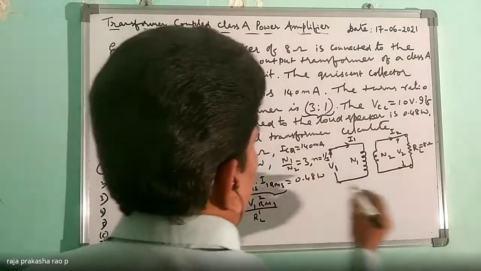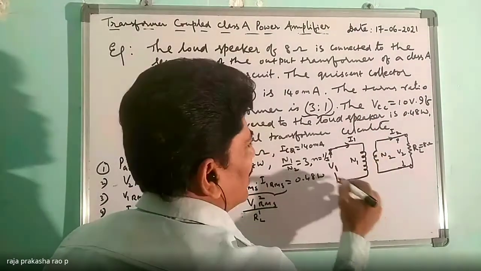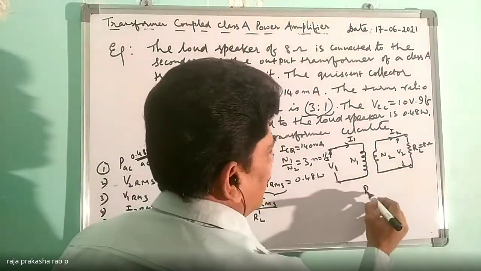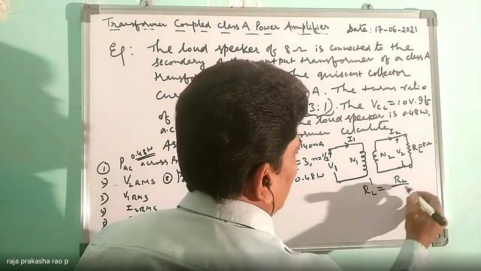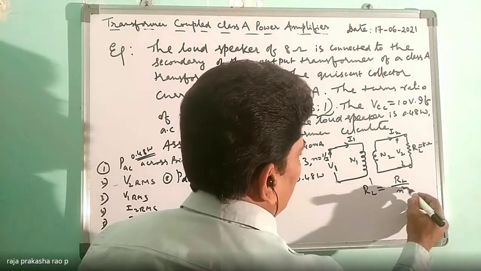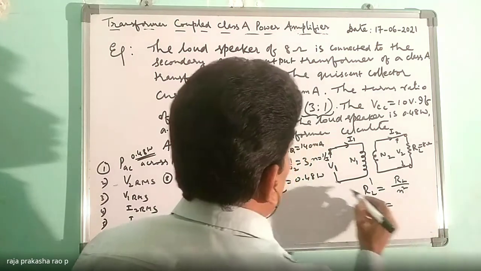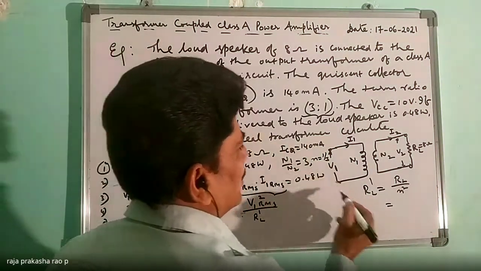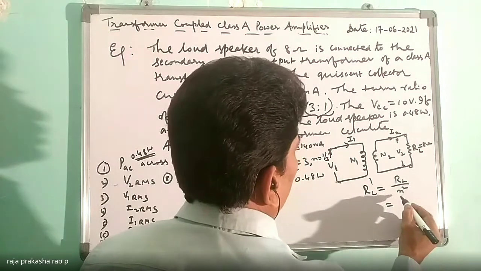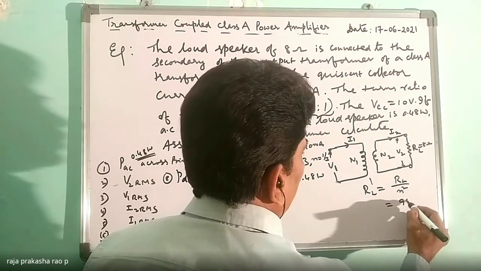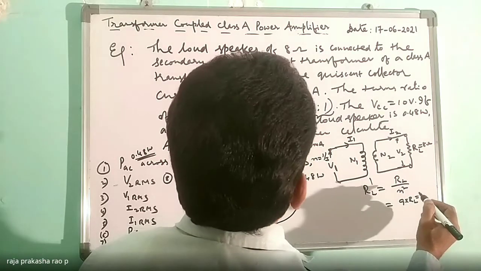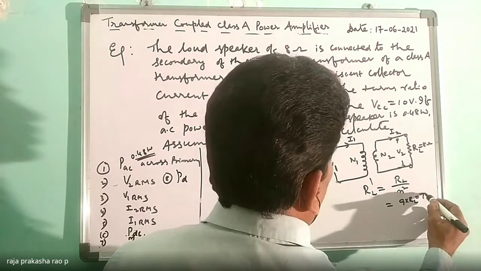So what is RL dash? This is RL replaced to the primary. RL dash is equal to RL by N square. N is 1 by 3, so 1 by N will be 3. So it is 9 into RL, and 9 into RL is 72 ohms.